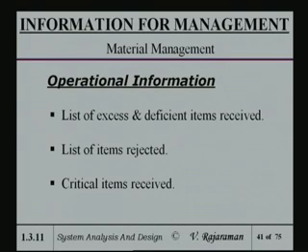And operational, of course, is a lot of detail in terms of excess and deficient items received from a vendor, list of items rejected because they are poor quality, and what critical items are received. So, I can immediately tell the manager who is waiting for that critical item that it has come and he can start using it.